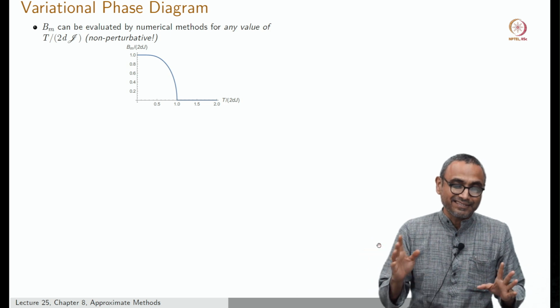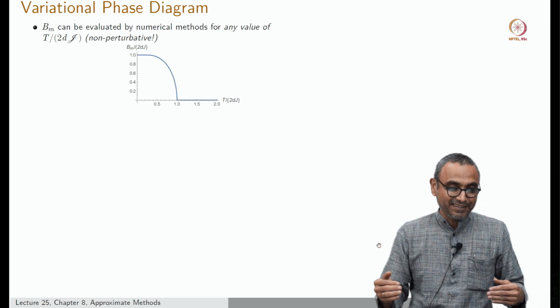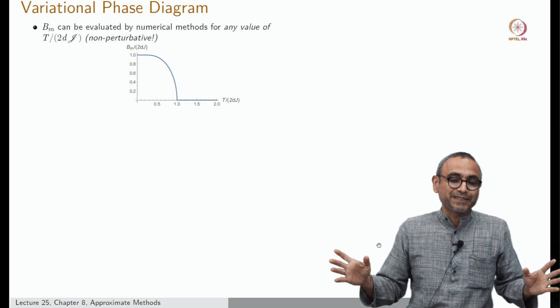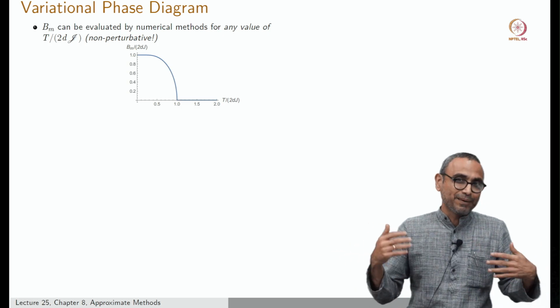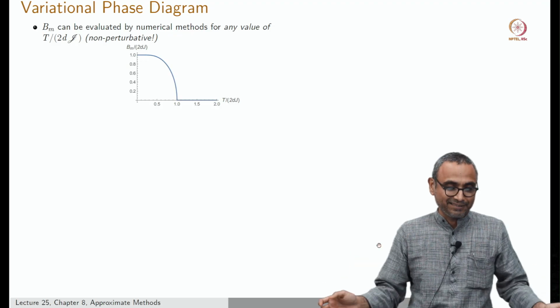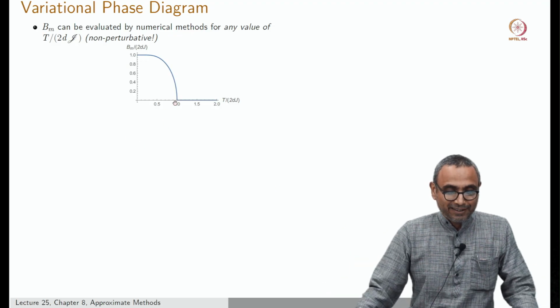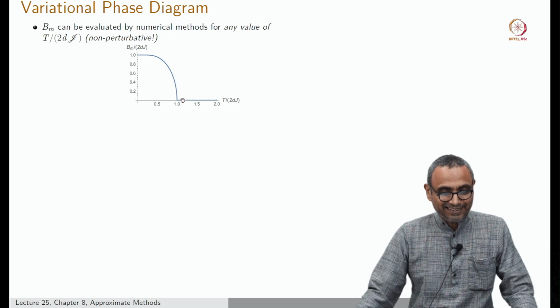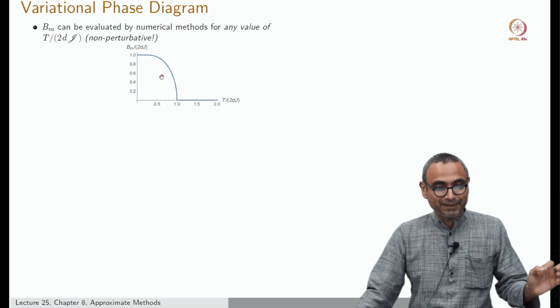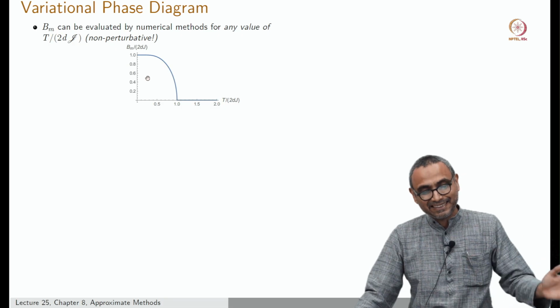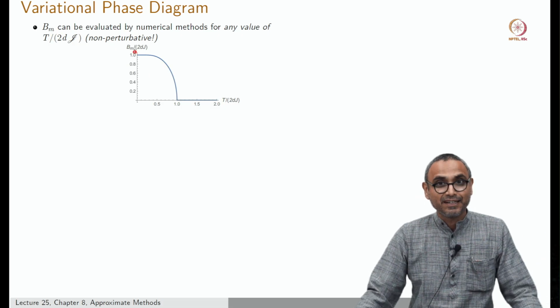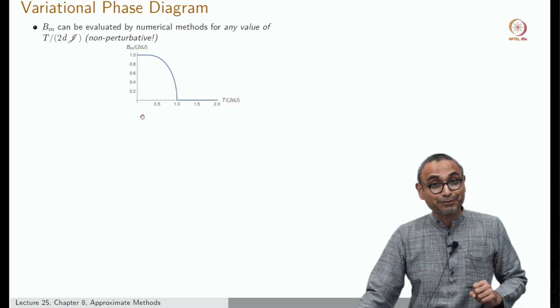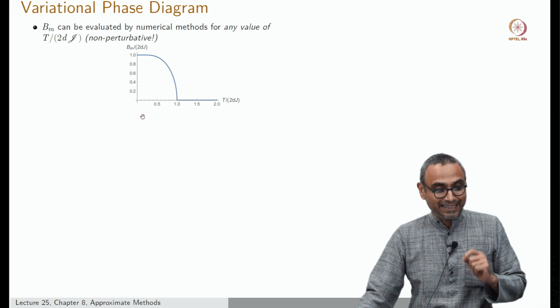That solution can be solved numerically, and we are making no assumption about how big T or how small T is compared to J. So you can pull off this solution on the computer and you see that if you start from high temperature, T greater than 2dJ, Bm is 0, and when it's less than that, you can pick up this solution, or mind you, you can pick up the negative solution, right?